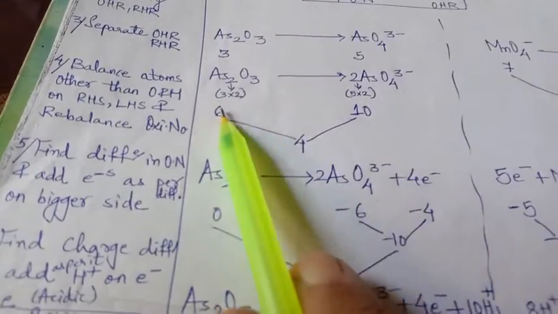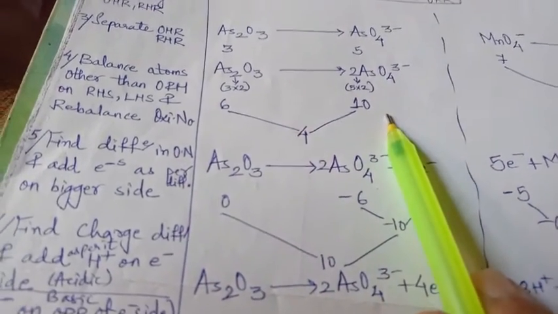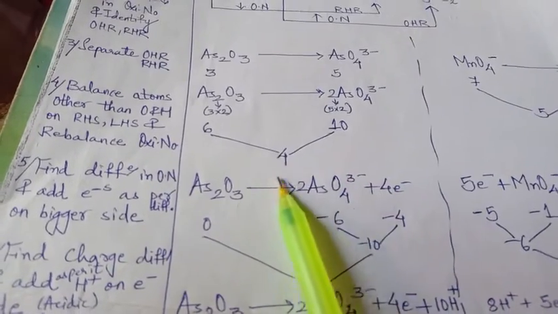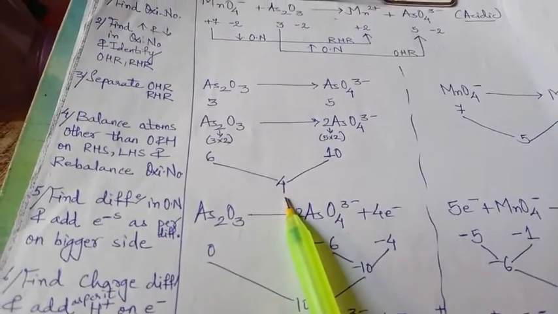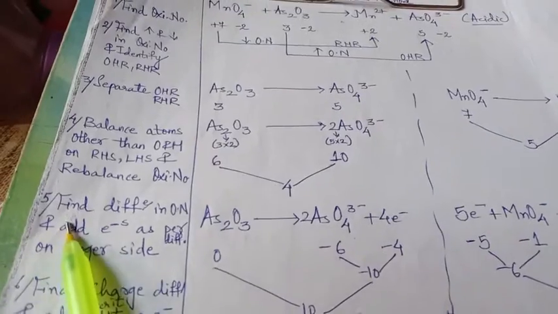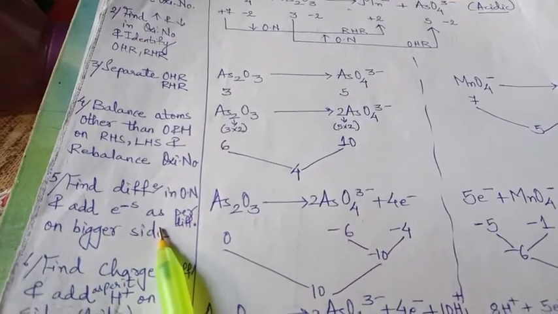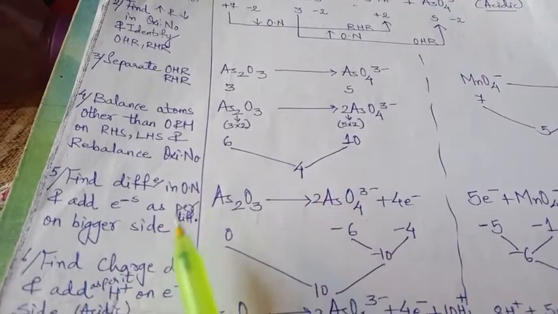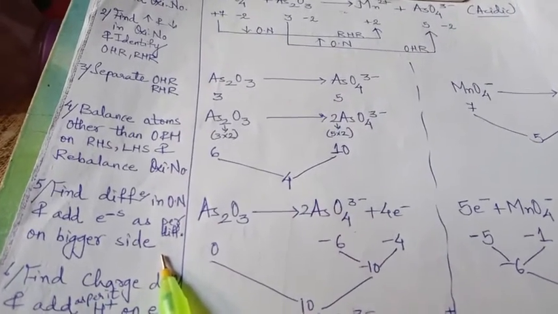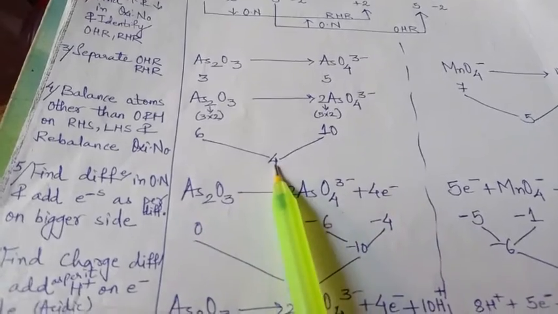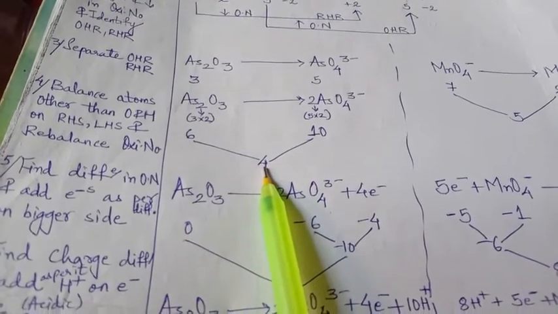After getting the difference in the oxidation number, whatever difference we get, we have to add that many electrons. So find the difference in oxidation number and add electrons as per the difference on the bigger side of the oxidation number. So here I got 4. What is the 4 here?